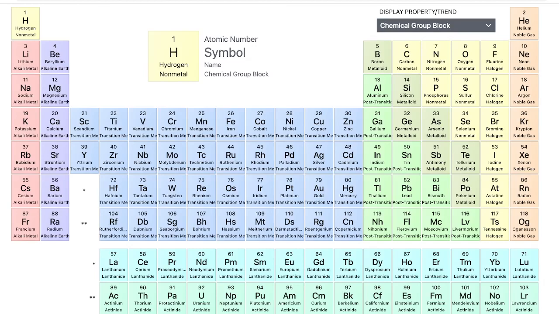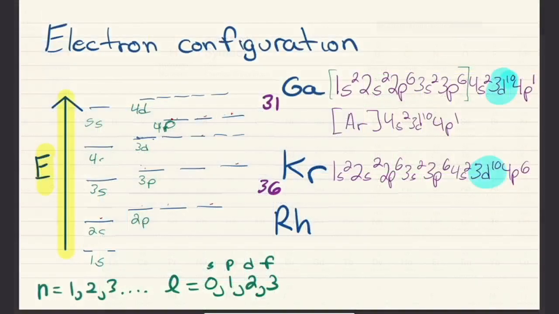So if we go for P, we should now have 5s, and then for D, which I'm going to have to add to our orbital energy diagram as shown here.